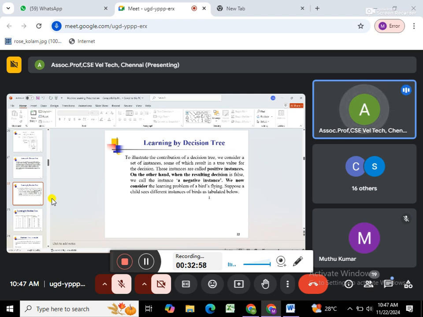For example, if you are going to carry out any type of research and want to calculate the accuracy level of that particular input data, we need to calculate the sensitivity and specificity. To calculate the sensitivity and specificity of that input, we need many cases like true positive, true negative, false positive, false negative. Based on these values, you calculate the sensitivity and specificity. Finally, we go for calculating the accuracy level and true error rate.